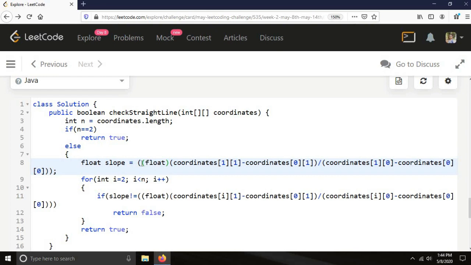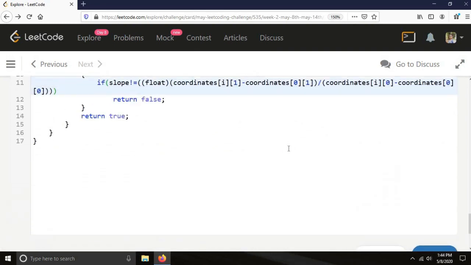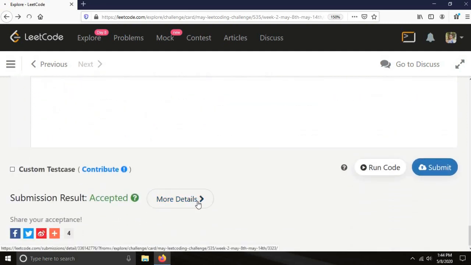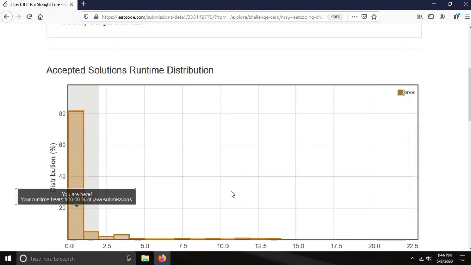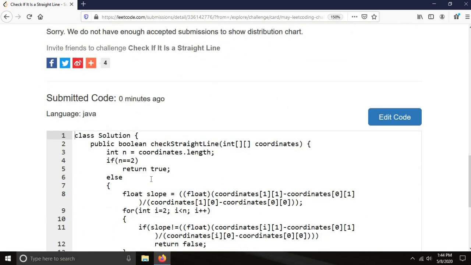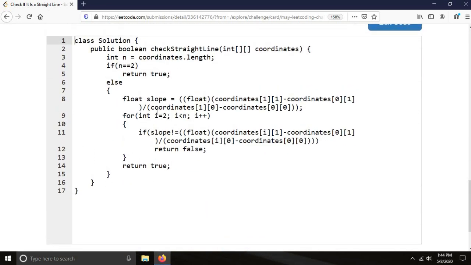That's why we have to type convert this part, and after this our result is coming correct. So let's analyze how our solution is better than others. We are better than 100% of Java submissions. And also we can see that the time complexity is big O of n.